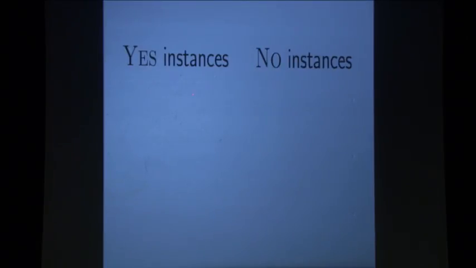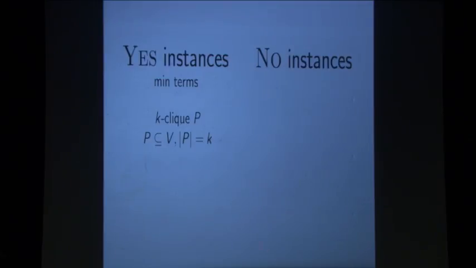In other words, instances that contain a k-click and instances that do not contain a k-click. Since we are under the monotone restriction, we will consider the minterms of the k-click. In other words, a graph contains exactly one k-click and no edges else, because this is a yes instance. It contains a k-click, but if you take away any edge, it becomes a no instance. So we will consider instances that have edges in exactly one k-click and no edges elsewhere.